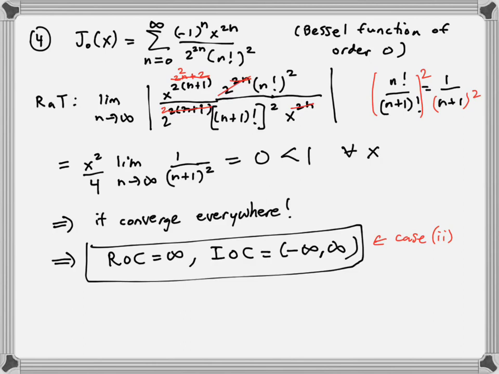Okay, let's look at number 5. This time our power series is going to be the sum from n equals 0 to infinity of -3 to the n x to the n over square root of n plus 1.